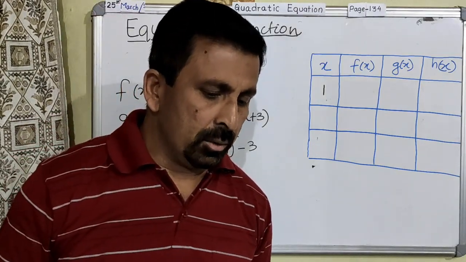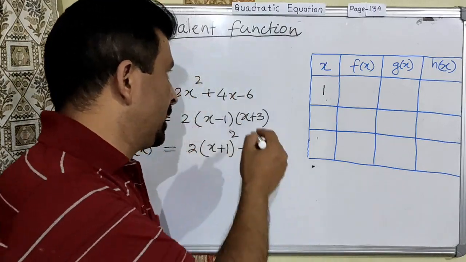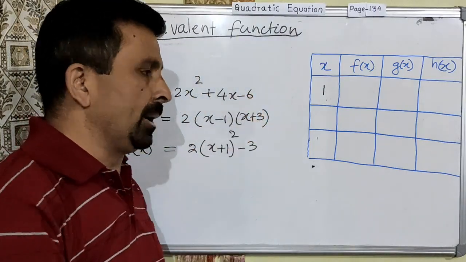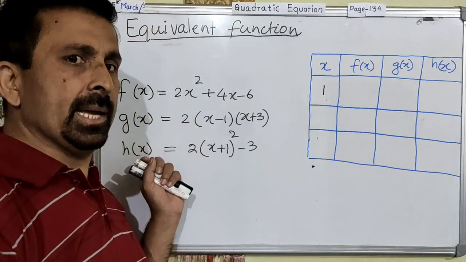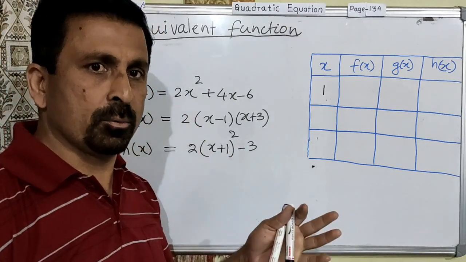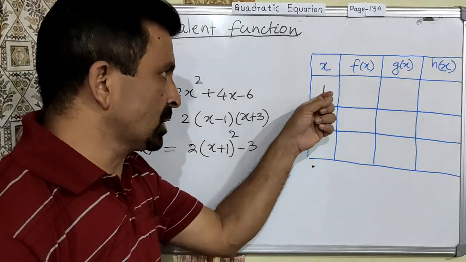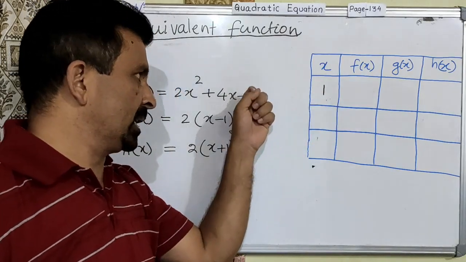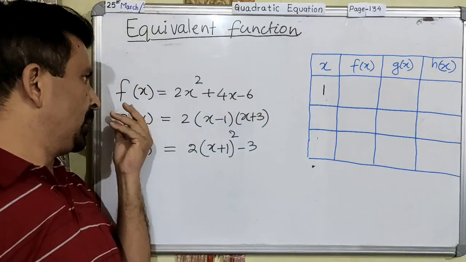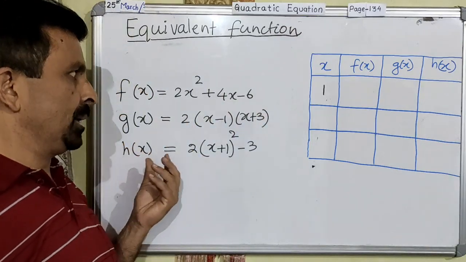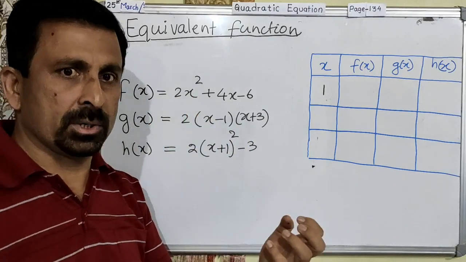Now when you use this value of x in the three different functions one by one, the value of fx, gx and hx is called the output. When you punch this value of x into the three different functions, you will get a value of your fx, your gx and your hx. Those values are called the output.